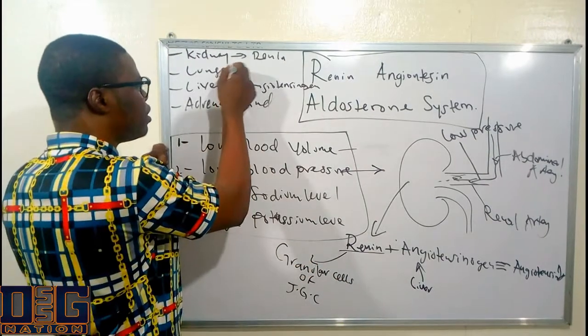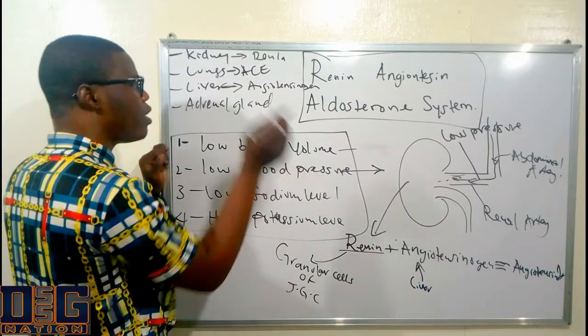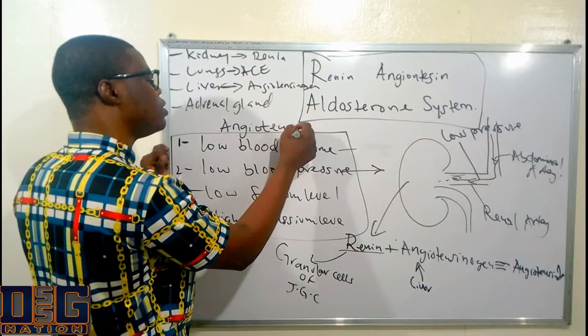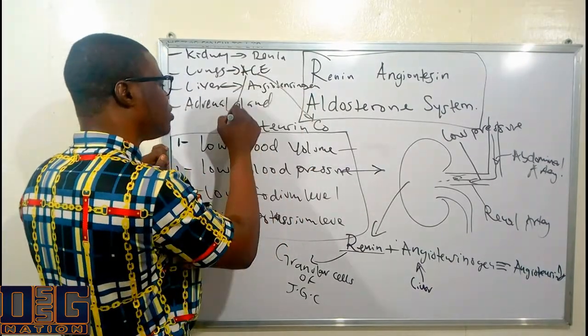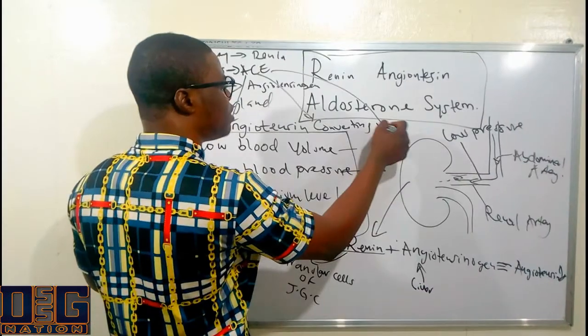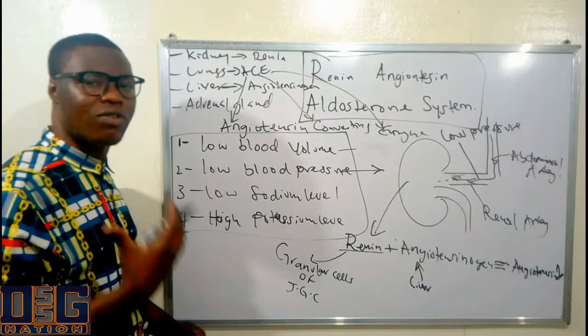The lungs now are going to produce what we call ACE. ACE: the A is angiotensin, the C is converting, and the E is enzyme. So ACE is angiotensin converting enzyme.